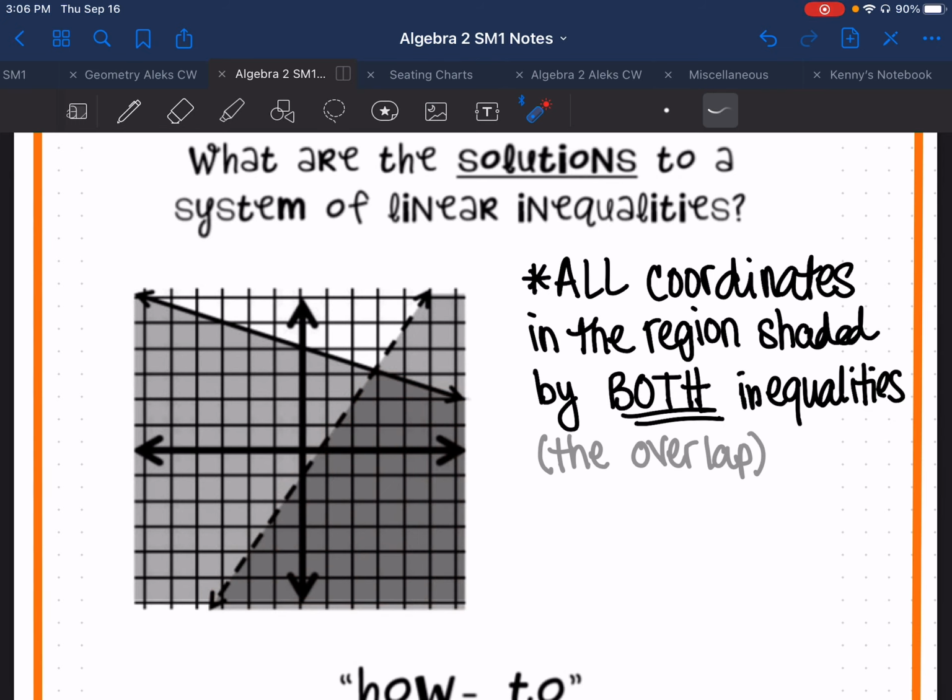Now, if a point was exactly right here on the solid line, it is also considered part of the solution. However, this point here, since it is on the dashed line and it is not equal to, it is not considered part of the solution. So yes, part of the solution, no, not part of the solution. Just the points on the lines.